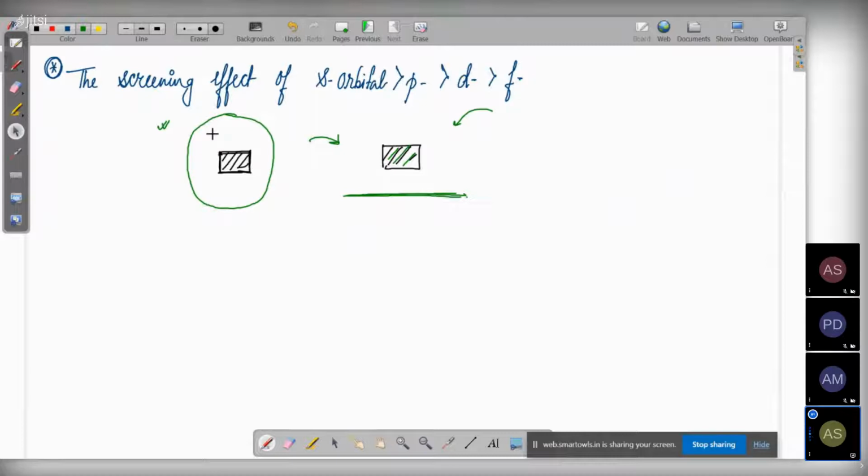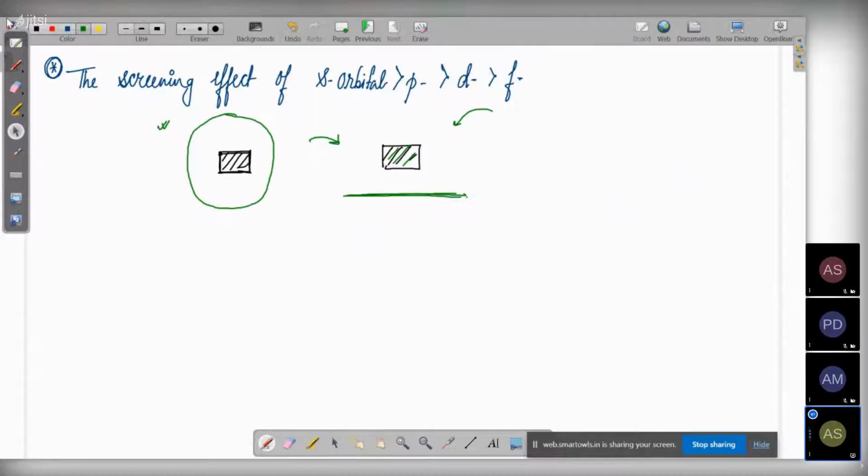So for screening effect also, the S orbital does the most effective screening. Why? Because, as we have already done in atomic structure, the shape of S orbital is spherical. So that means we can screen the outermost electron from every direction possible.